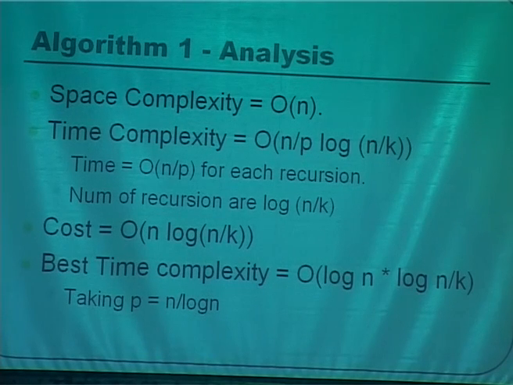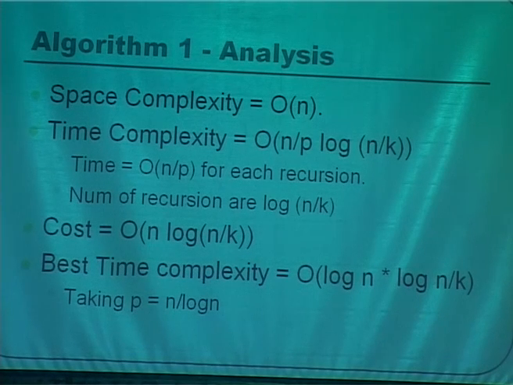Now, the time complexity is minimum when the value of p is largest, and the largest p can be taken as n by log n. In that case the best time complexity comes out to be order log n into log n by k, which is the same as the algorithm proposed by Satish.